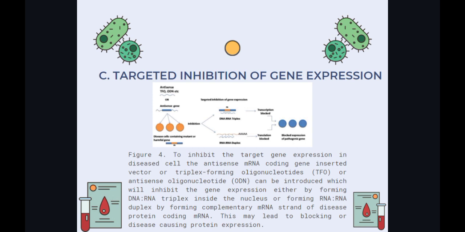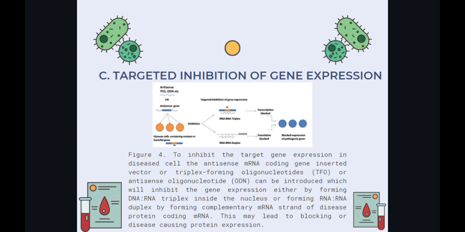In this figure, to inhibit the expression of a target gene in disease cells, methods like using antisense mRNA coding genes in a vector or employing triplex forming oligonucleotides (TFOs) or antisense oligonucleotides (ODNs) are utilized.